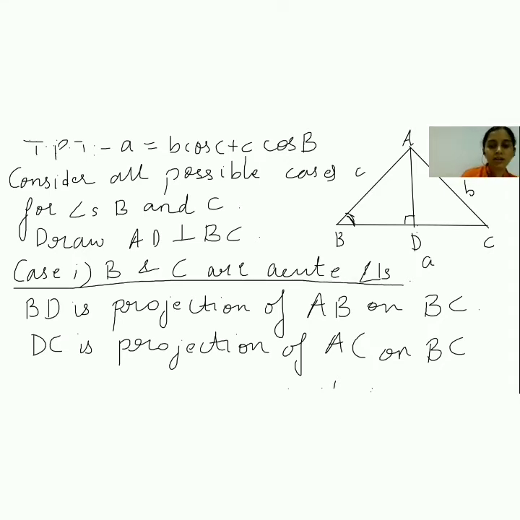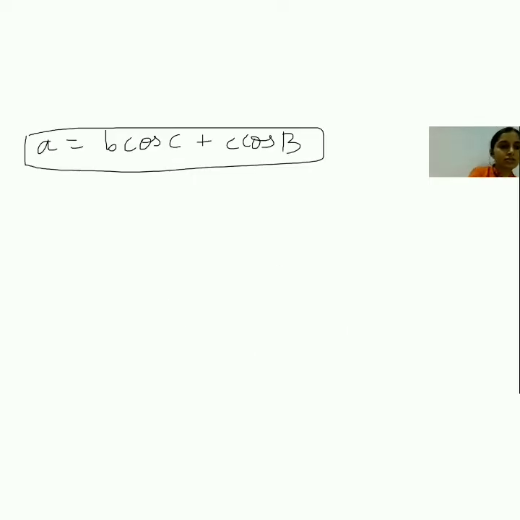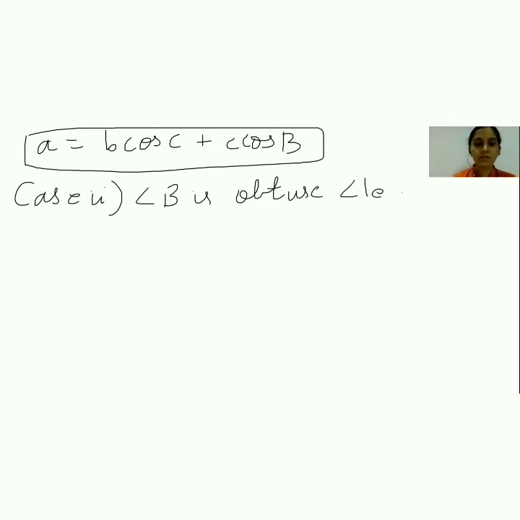Now I'll say that my second condition, case 2, I have to prove it for case 2 also that this is true. What is that? Angle B is obtuse angle. Now angle B is obtuse angle, so our diagram will change, right? So let me draw the diagram for the same.